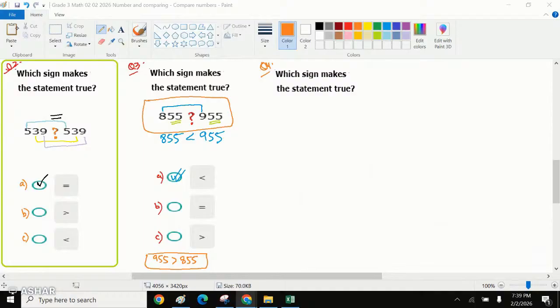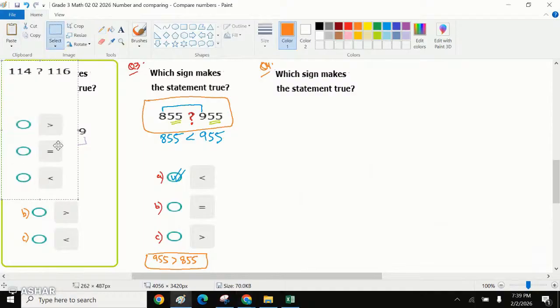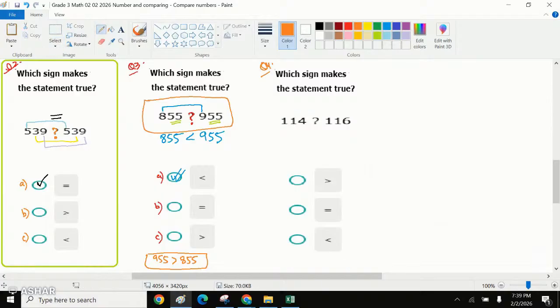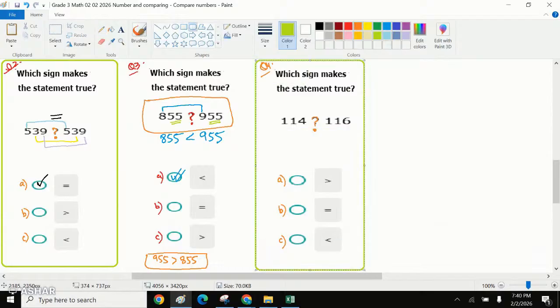We need to find which number is greater or smaller. The given options were, let's suppose this is greater, B is equal, and C is less than. We need to find this sign. What should be the sign for question number 4?